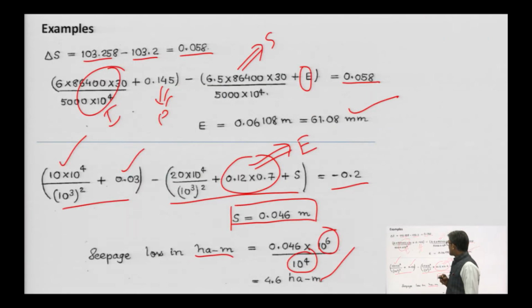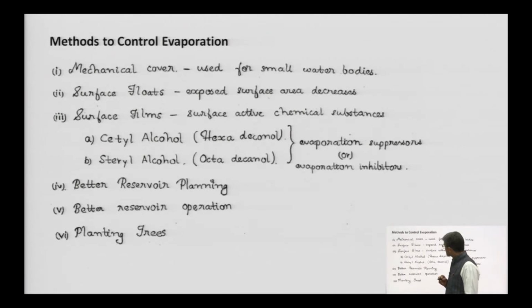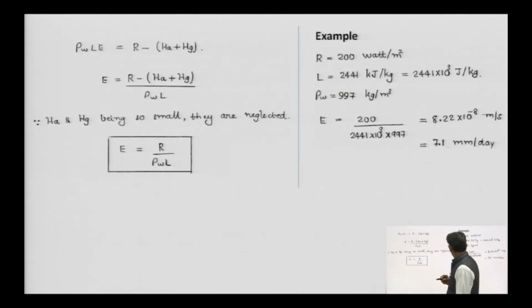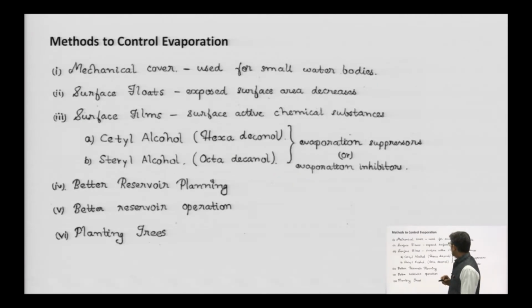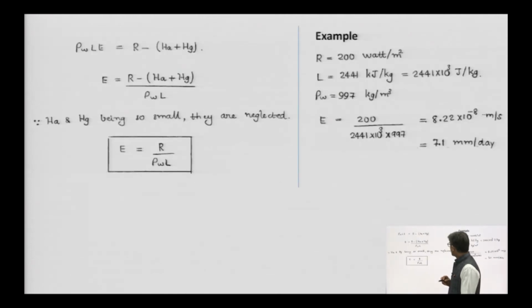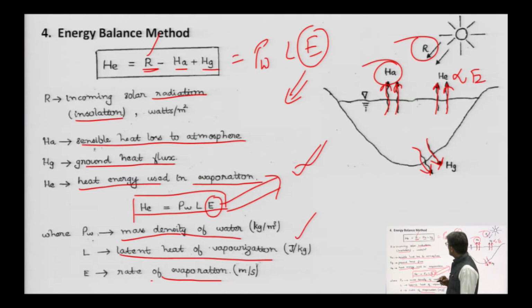The next abstraction is of precipitation. Prior to going to the next abstraction, we should talk about the factors affecting evaporation and methods to control evaporation. But prior to that, let us take one example based on the energy balance method.